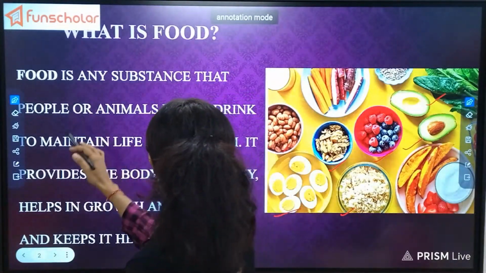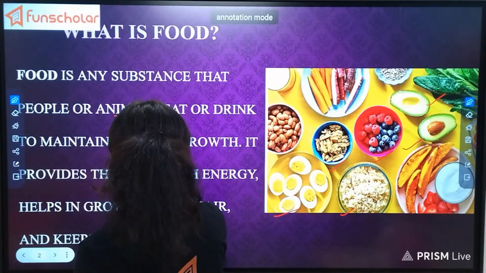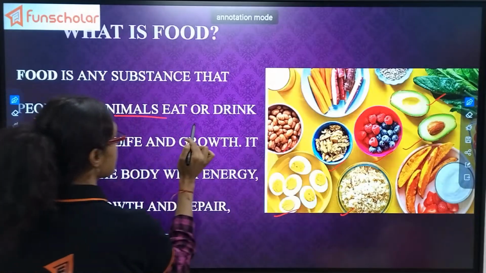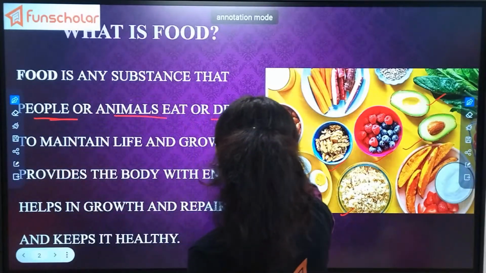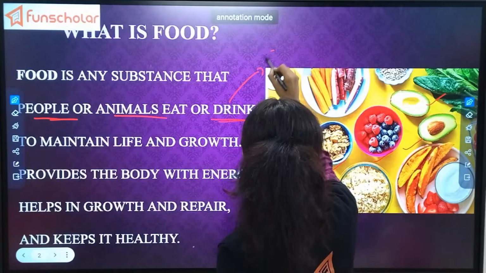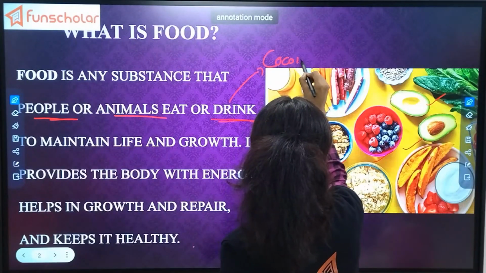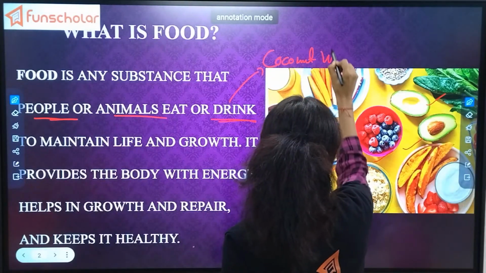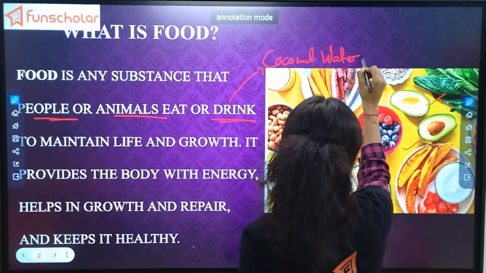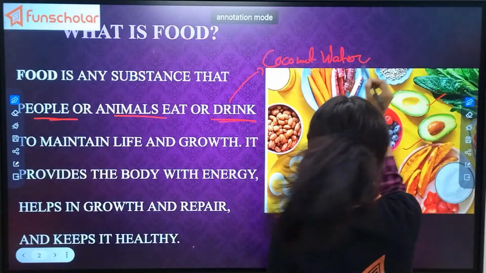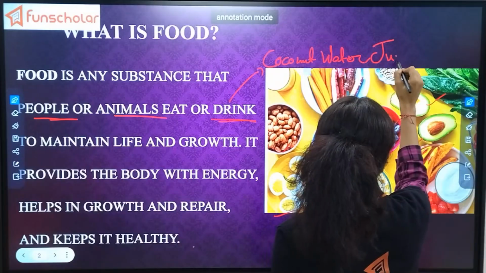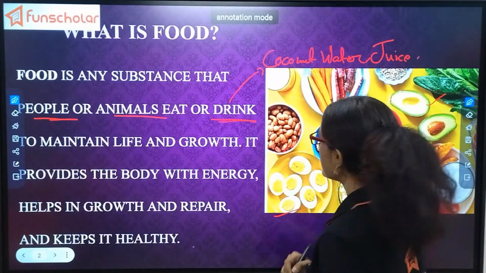Okay. So animals eat or drink. Food is not only eatable but drink also. Like you drink coconut water, right? Then you drink juice, right?